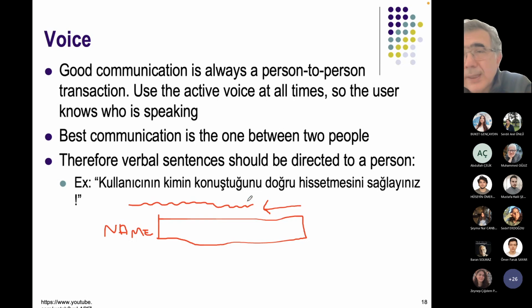Okay, so verbal sentences must be used so that the person who is reading should feel one-to-one interaction in terms of the language.